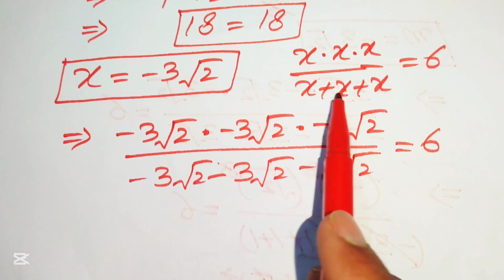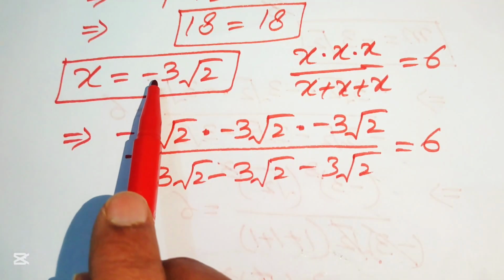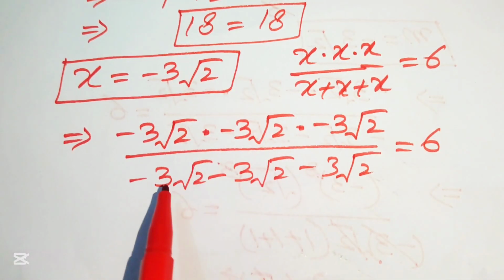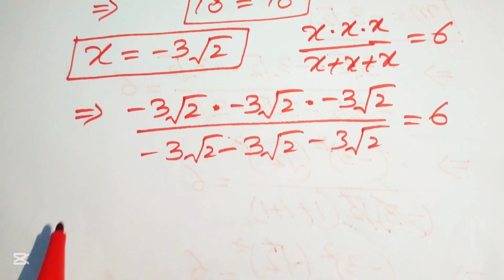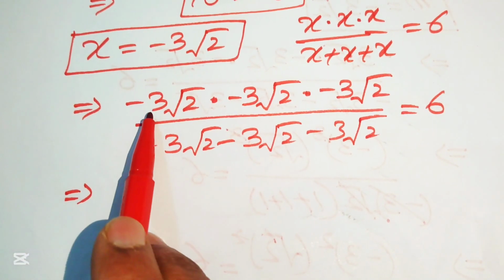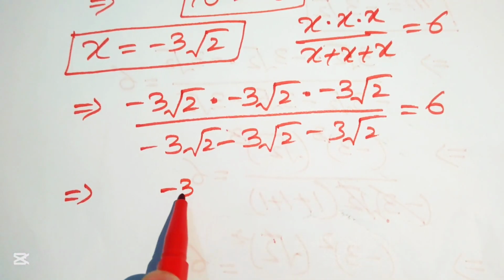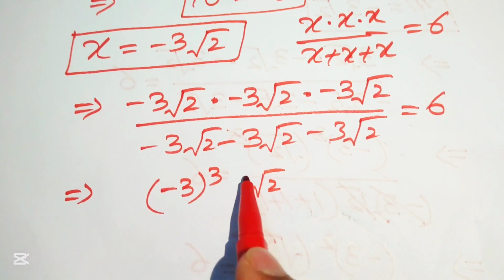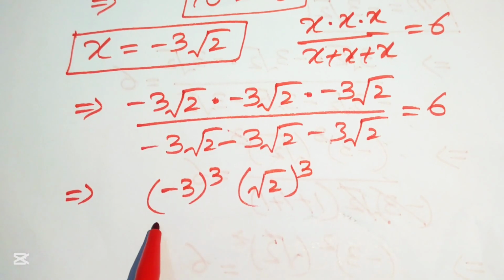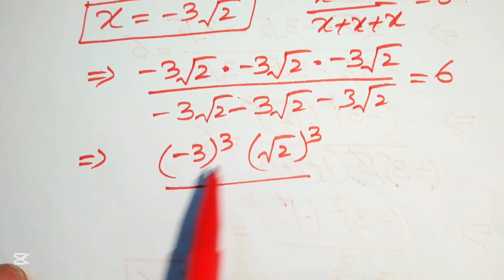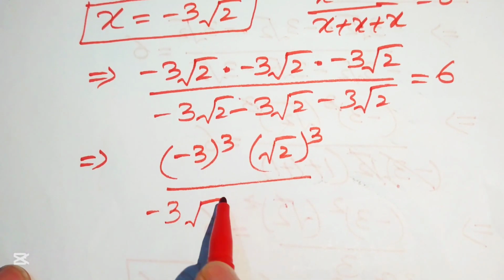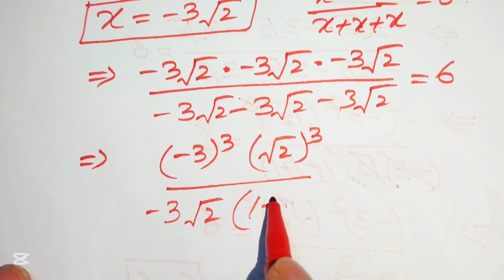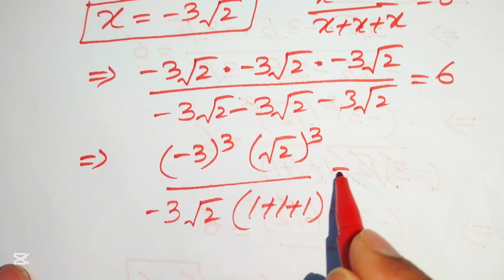But here you see that all of these are positive, but when you substitute the negative value, these positive signs become negative. Okay, so now you see here minus 3 is multiplied 3 times, we write it as minus 3 cubed, and this square root of 2 is multiplied 3 times and we write square root of 2 cubed. Similarly here we take common minus 3 into square root of 2 and we get 1 plus 1 plus 1 equals 6.